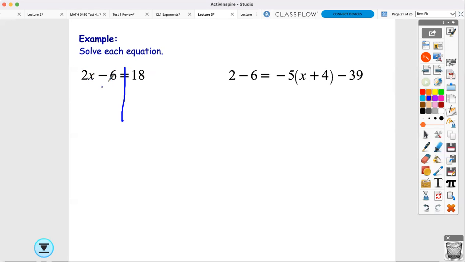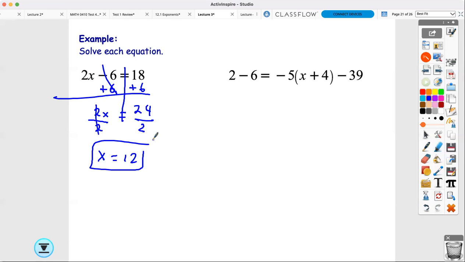So we're gonna move -6 first. The opposite of -6 is +6. Bring down the 2x. 18 plus 6 is 24. Remember, 2x is just multiplying by 2, so we're going to divide by 2. Then we get x equals 12. And we're done.